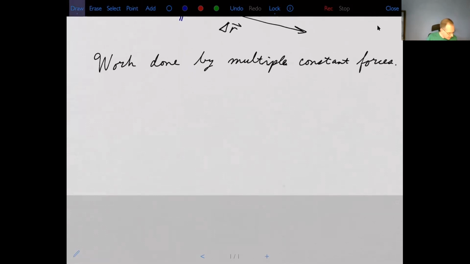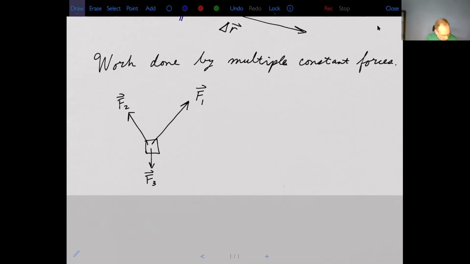So let's say I have my object. Let's assume that I have 3 forces acting, F1, maybe F2 is like this, and then F3 is like that.